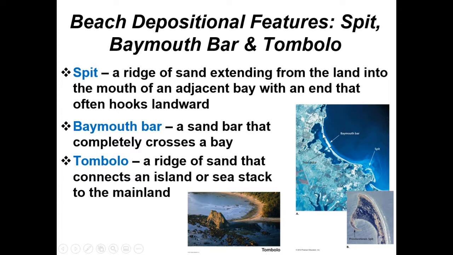So this right here is the baymouth bar. Open ocean over here, and then on the landward side, you have what's called a lagoon or a backwater lagoon. They also call it a tidal delta. That's perfectly fine too. So you'll have that lagoon form in between the baymouth bar and the mainland area. So that's a baymouth bar, just basically a big sandbar.